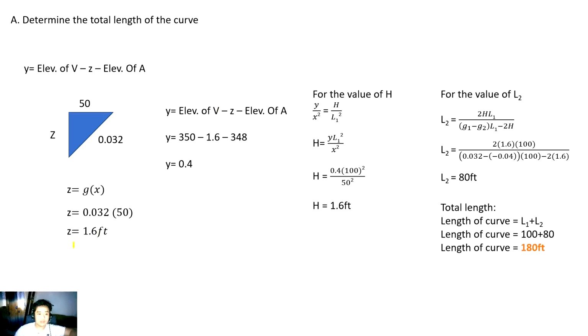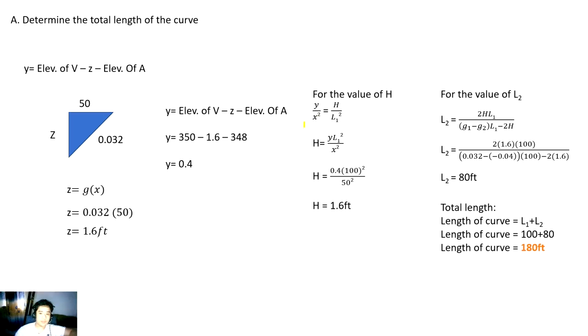So, since meron na tayong z, pwede na natin makuha yung y, which is 0.4, na nanggaling sa 350, which is yung elevation of vertex, minus sa z, which is 1.6, and minus elevation of a, which is 348. So, ang y natin ay magiging 0.4. And for the value of h naman, ang gagamitin natin ulit na formula ay y over x squared equals to h over L1 squared.